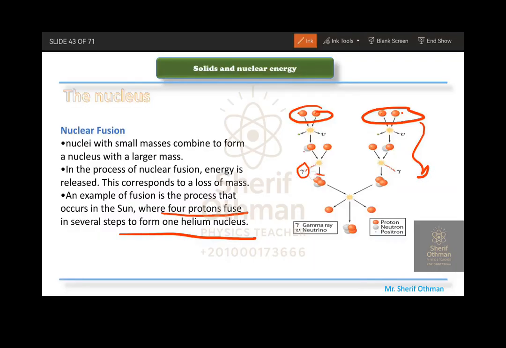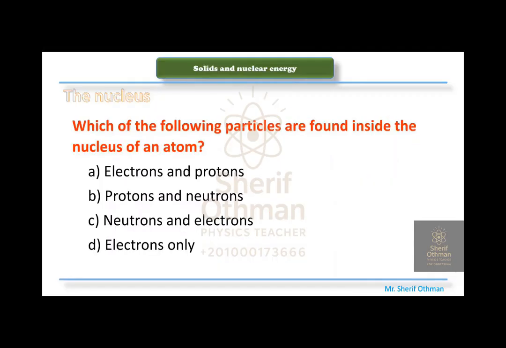By the end, we have 2 protons and 1 neutron, 2 protons and 1 neutron. They fuse together, releasing 2 protons and remaining with 2 protons and 2 neutrons. All of these steps produce, as you can see, guys, energy. So nuclear fusion is the source of energy in our life from the Sun.